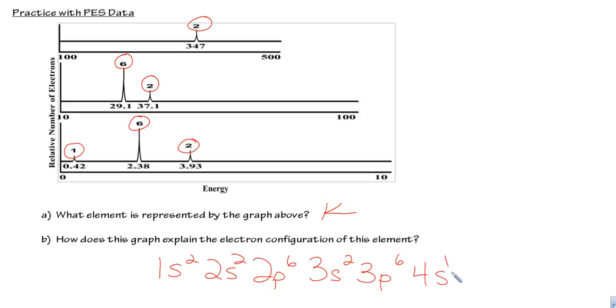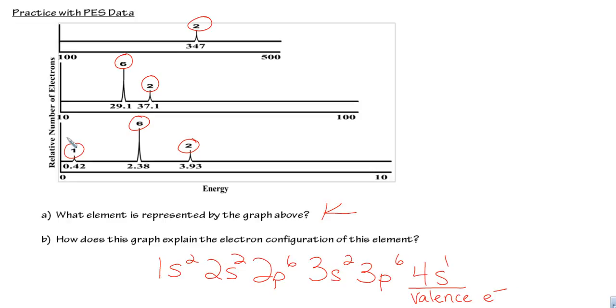I can mark in all these orbitals on the graph. Obviously, the 4s1, that's my valence electron. I want to lose that 4s1. Potassium is normally a +1 ion. So this should be the electron with the lowest ionization energy.